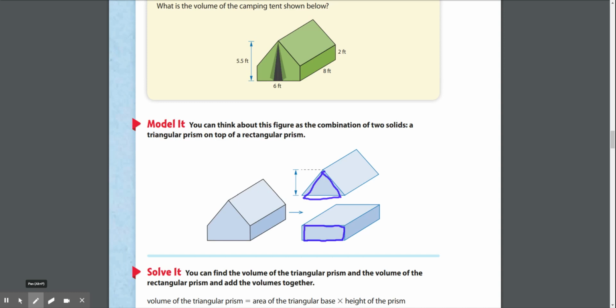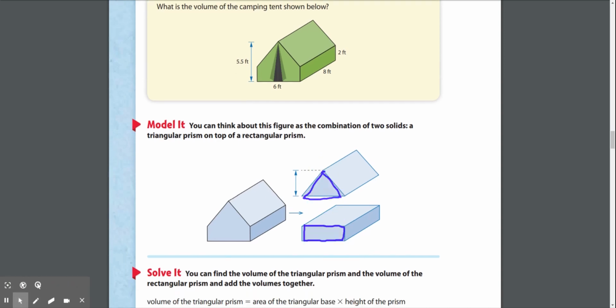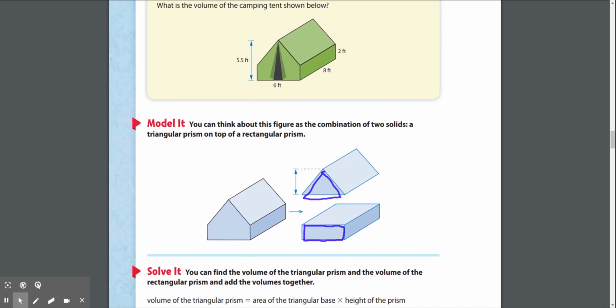So we have the triangular prism, so the triangle is the base right here, and we have the rectangular prism, so the rectangle is the base. And so we need to label to figure out what these things are.